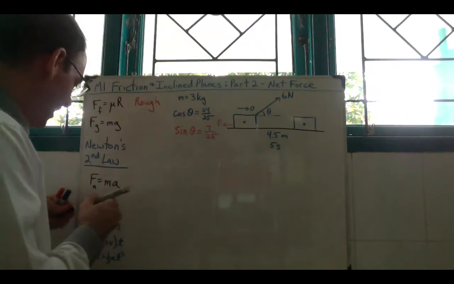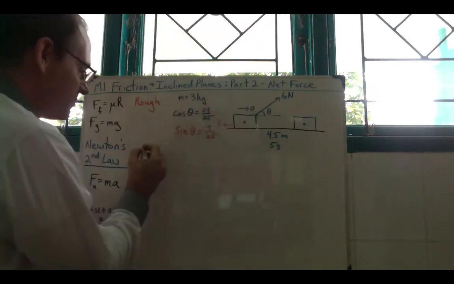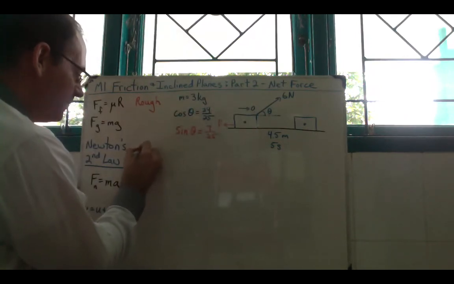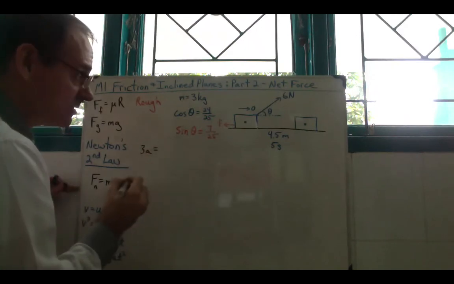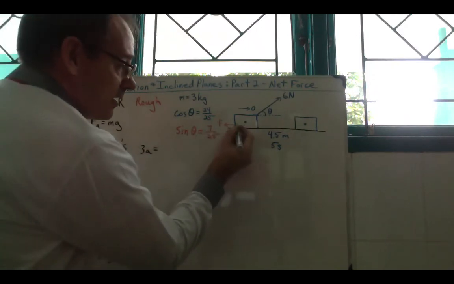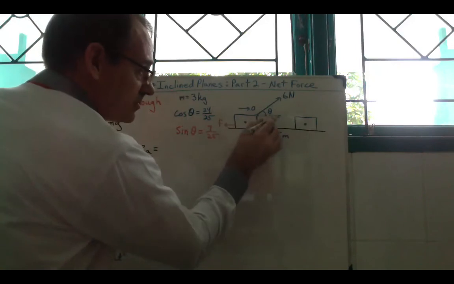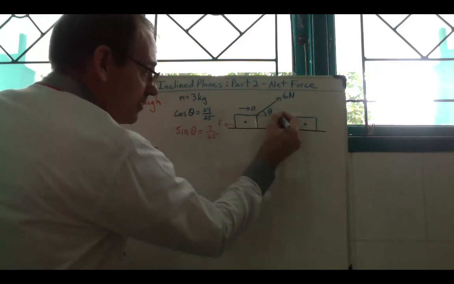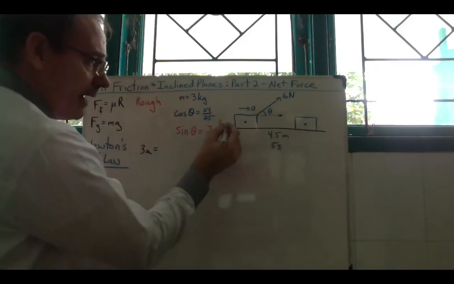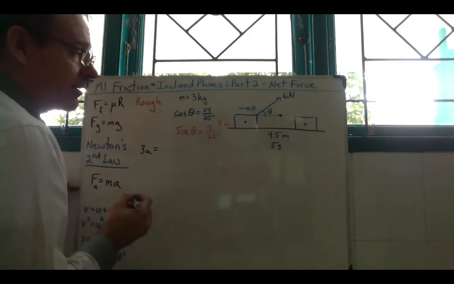So if we look at it, our net force, which is mass times acceleration, equals the force going forward, that's going to be this one here, minus the force going backward.